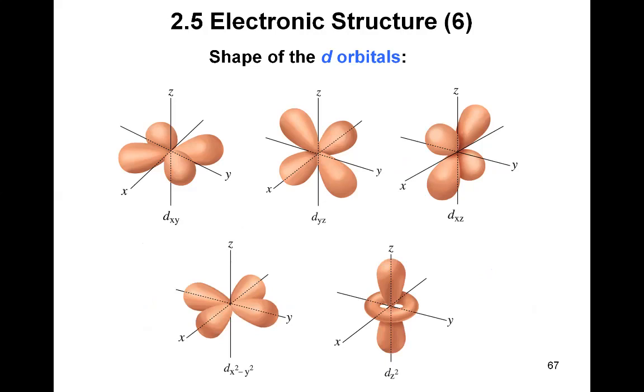These represent the shapes of the d orbitals. There are 5 d orbitals. They're made of 2 dumbbell shapes perpendicular to each other, inside the xy plane, the yz plane, and the xz plane, along the x or y axis, and 1 dumbbell shape along the z-axis with a donut around it.